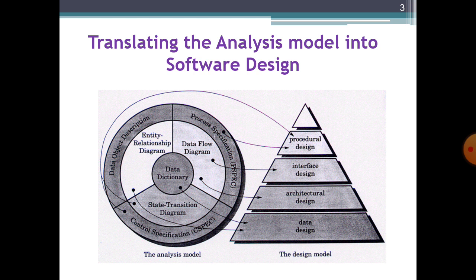As you can see in this diagram, information obtained from the process specification, the control specification, and the state transition diagrams serves as the basis for component design. So students, here you can see how all of this analysis model is mapped into software design, and how we can translate the analysis model into software design, and what the analysis work is behind the design model.